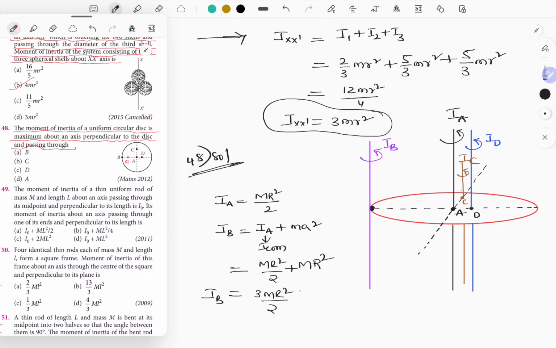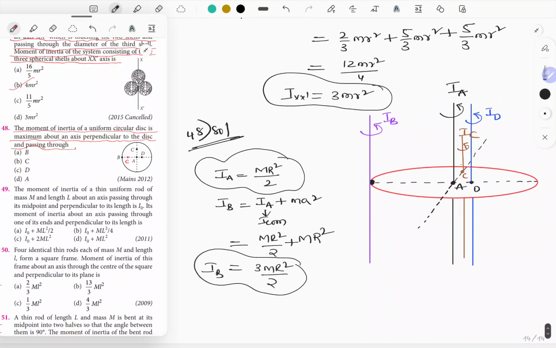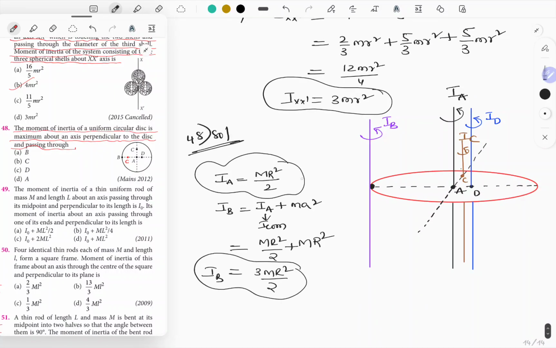Try to understand, is the moment of inertia through B greater or the moment of inertia through A greater? Definitely the moment of inertia through B is going to be greater, because this is equal to 0.5 times m r square. What about this? This is 1.5 times m r square. So the moment of inertia is increased, right?